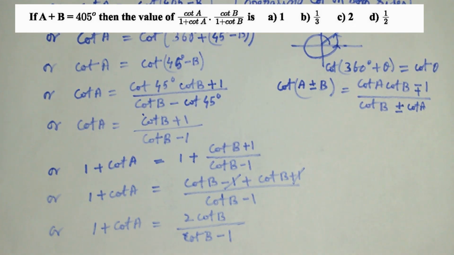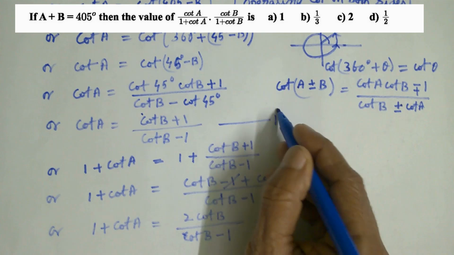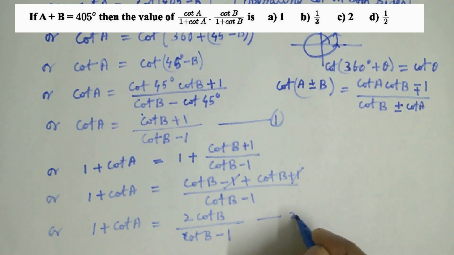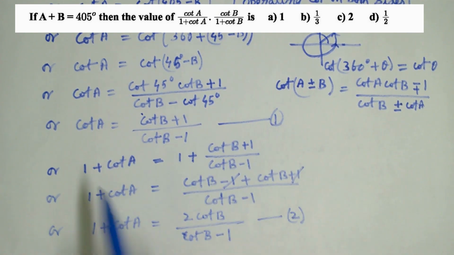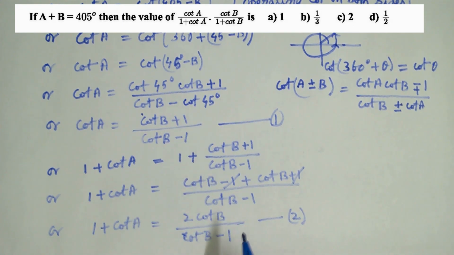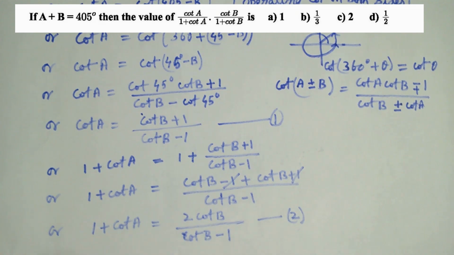See, we have to find out cot A by 1 plus cot A into cot B by 1 plus cot B. First name it equation number 1 and the last equation number 2. If we divide 1 by 2, we will get cot A by 1 plus cot A. The other part should come out automatically, or we have to see what can be done. So here what we will do: 1 divided by 2.